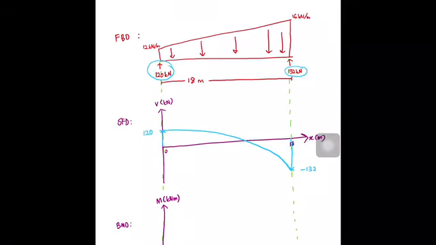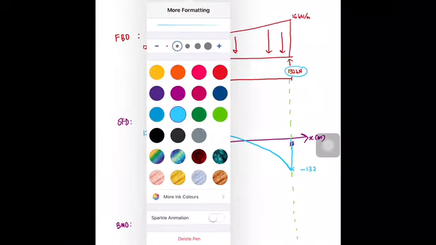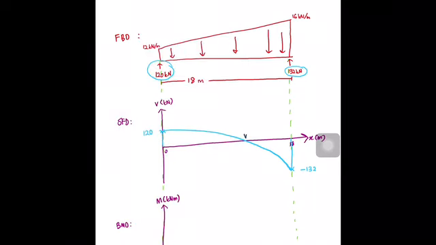When x is equal to 18, moment is equal to 0. Since you know when V is equal to 0 then you have a maximum moment, you draw here one line, which is the line for the maximum moment.